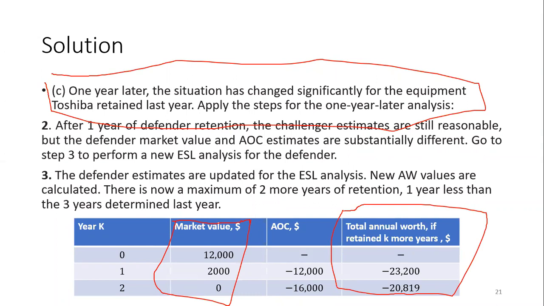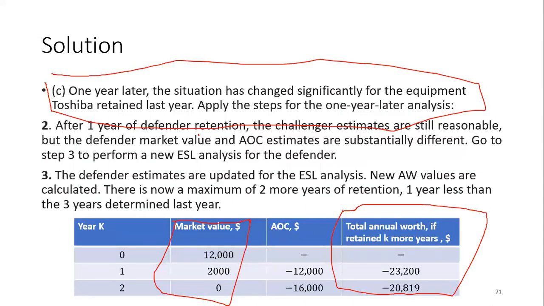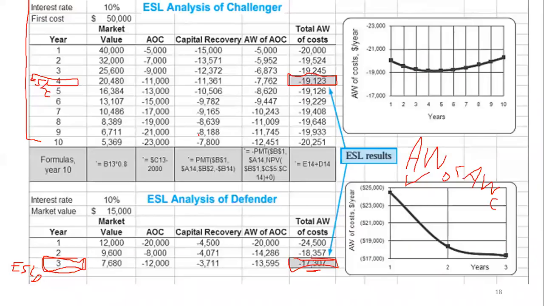You are not required to do this in the exam, but now the solution is that the new Defender costs are negative 20,000, while the annual cost of the Challenger does not change. Let's return to the requirements to see what happened.